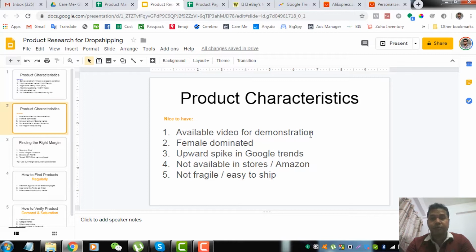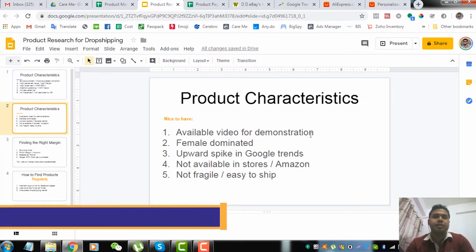But an available video is a plus, because then you can take those videos and create your own version by mixing them and adding more text and layers. So that's another thing which is nice to have.